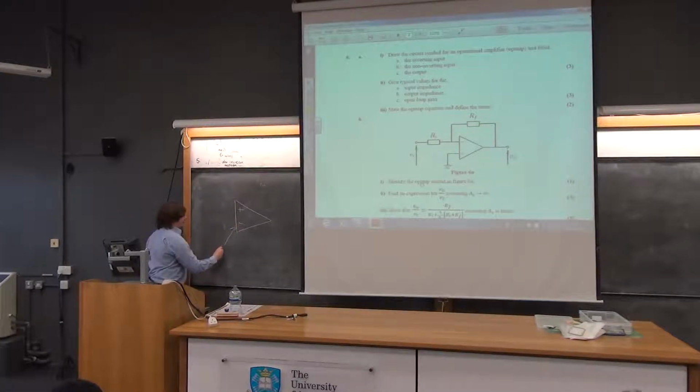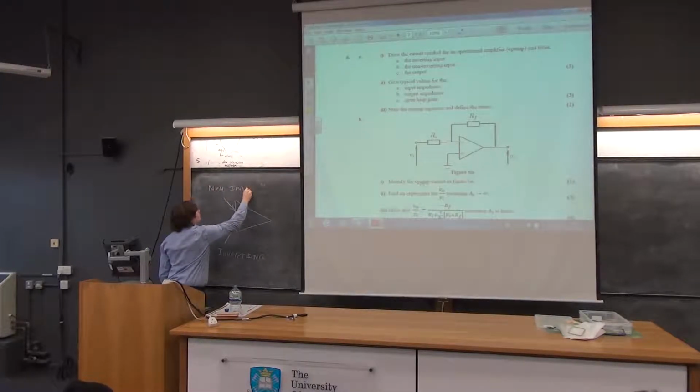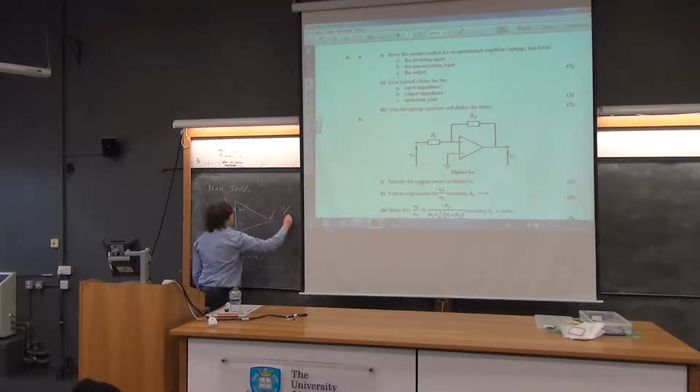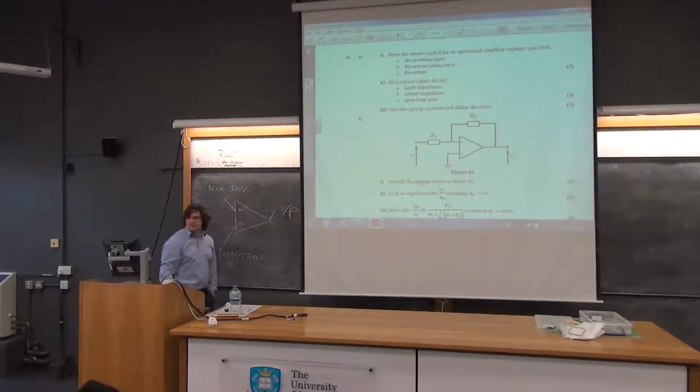This is going to be inverting. This will be non-inverting. And output. So 3 free marks. Lots of people drew me a non-inverting amplifier, an inverting amplifier, and then started labelling them up, which wasn't what was required.